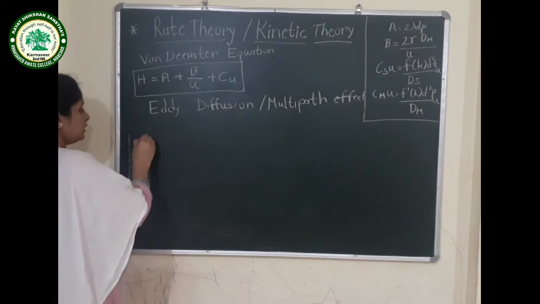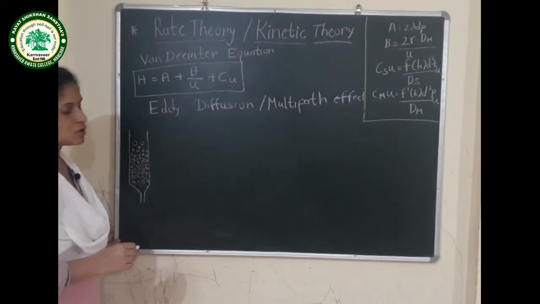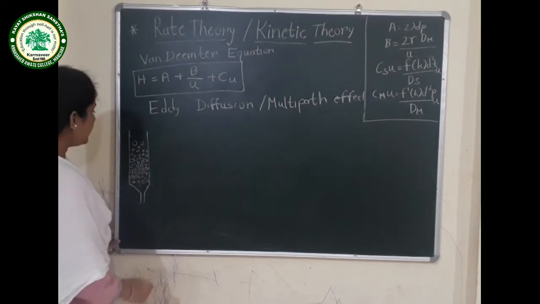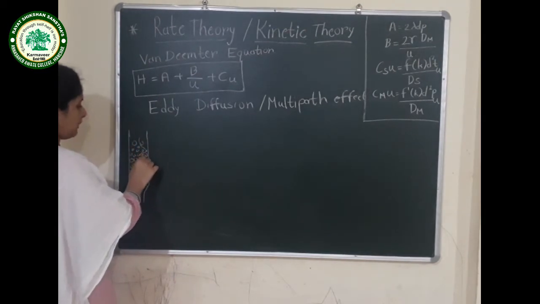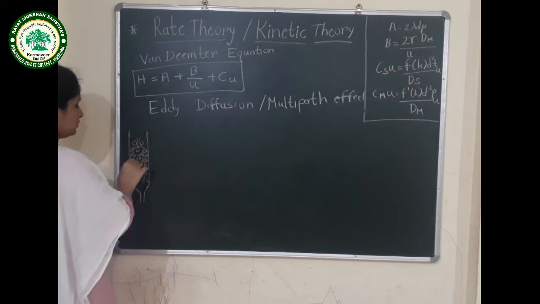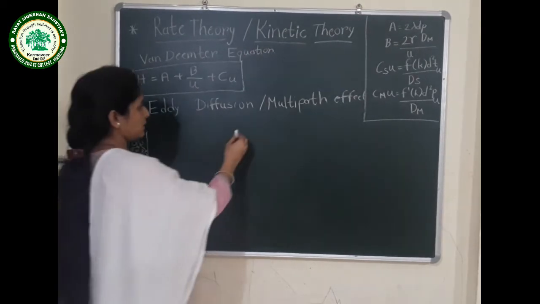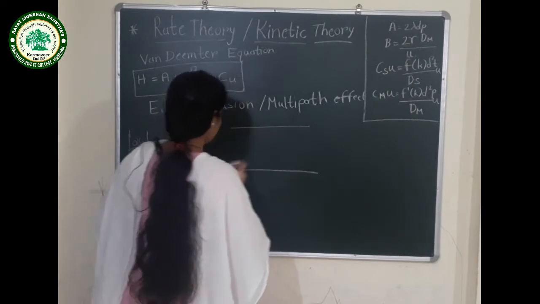Now, when we flow the mobile phase along with the solute over this stationary phase, then what happens? Each component will travel through a different path. Some components have the shortest path, some components have the longest path. Now see, I will draw the diagram first here.